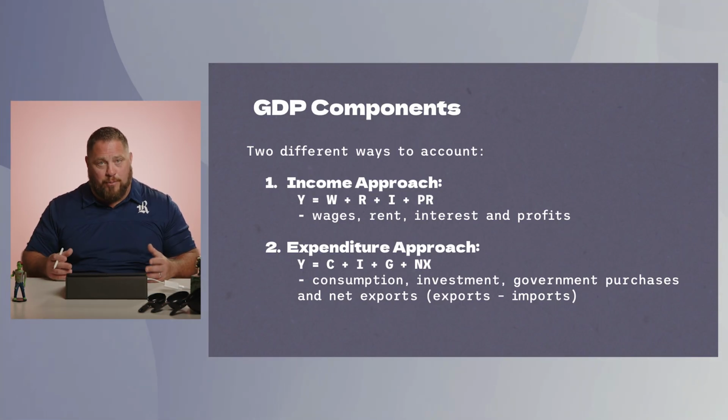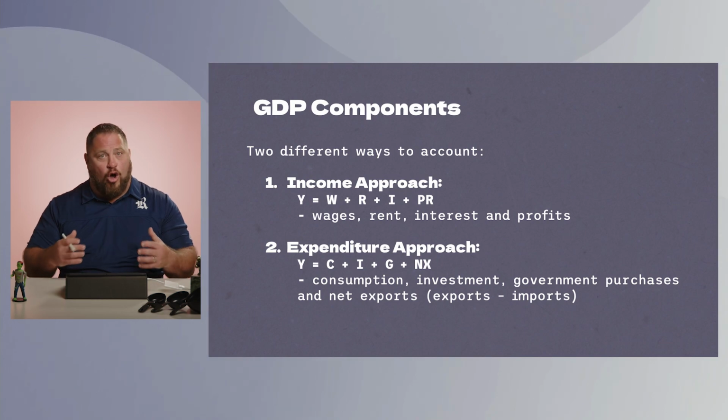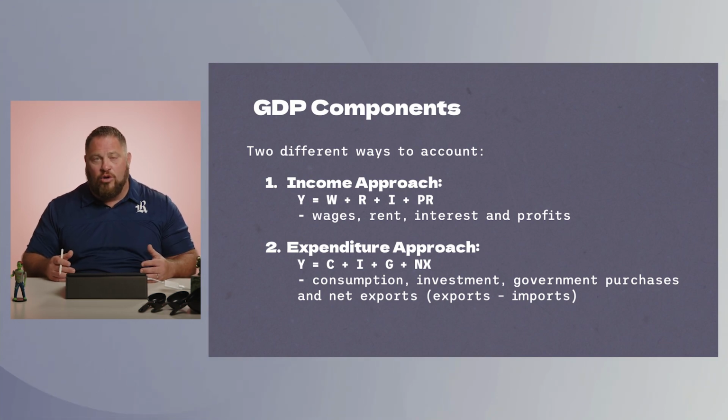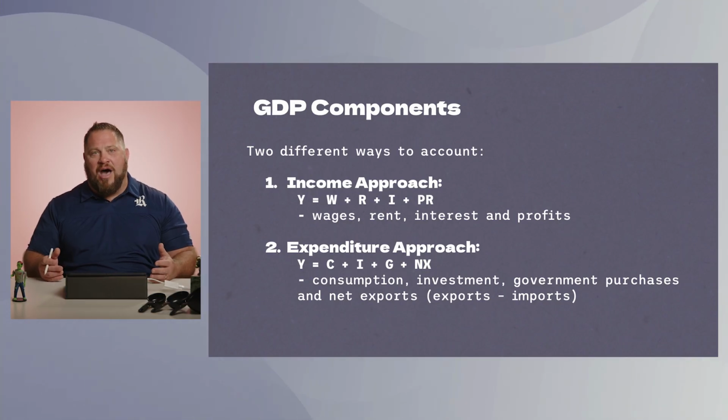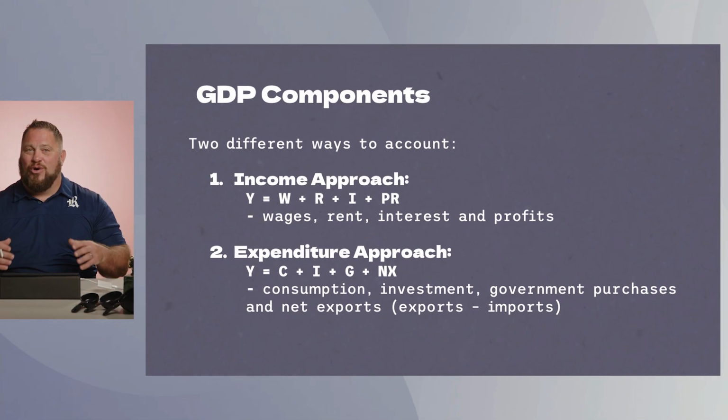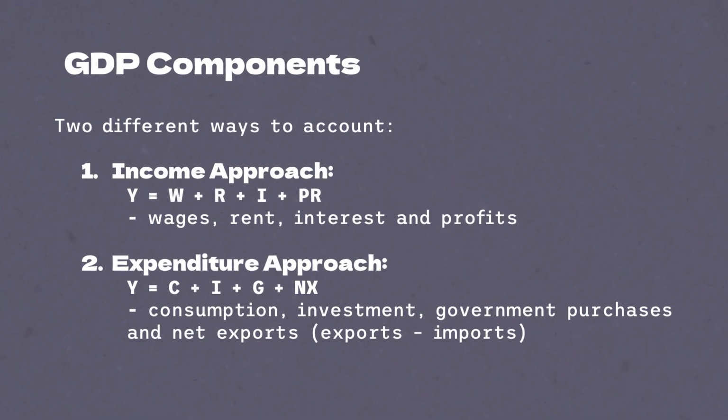We have our government purchases, which is spending on all levels, state, local, and federal, with the exception of transfer payments. And then we have our net exports, which are our exports minus our imports. So again, it's the idea that everything produced is income for somebody and an expenditure for somebody else.